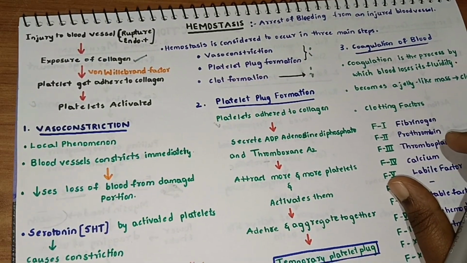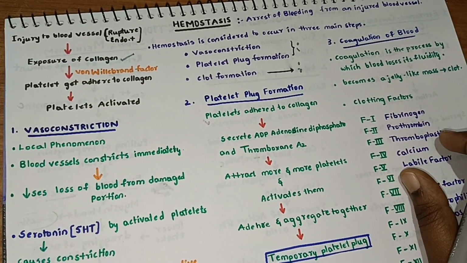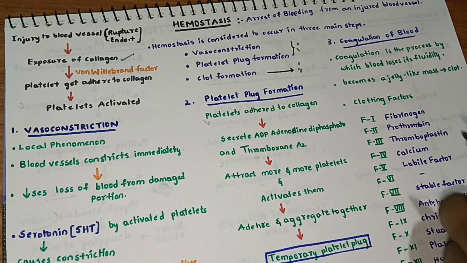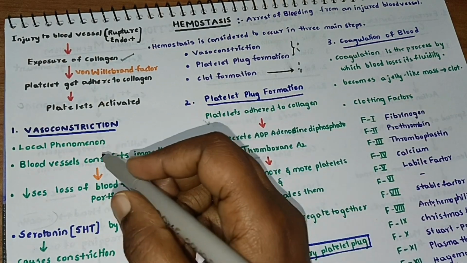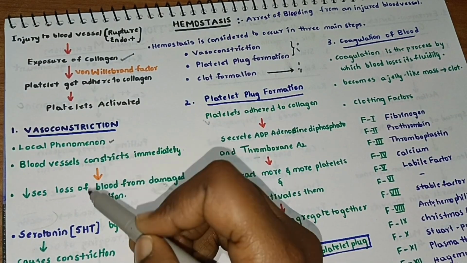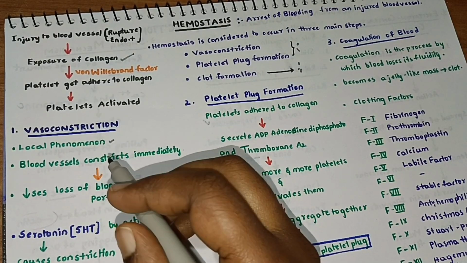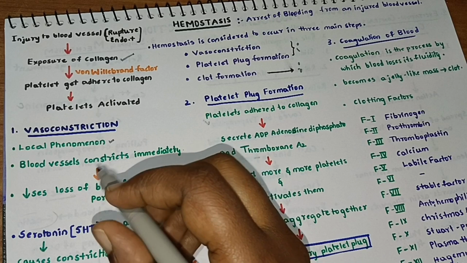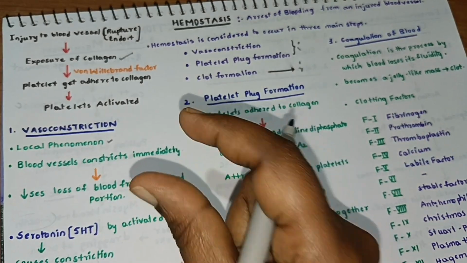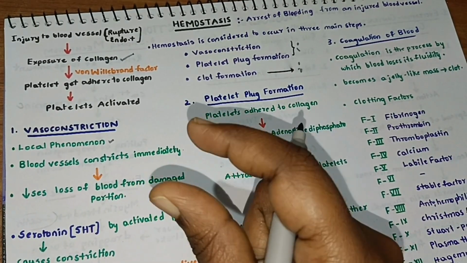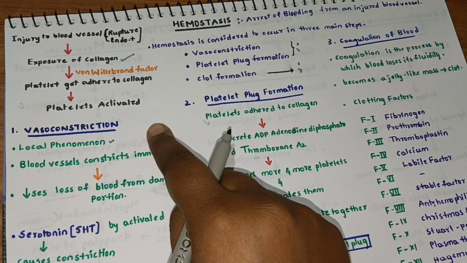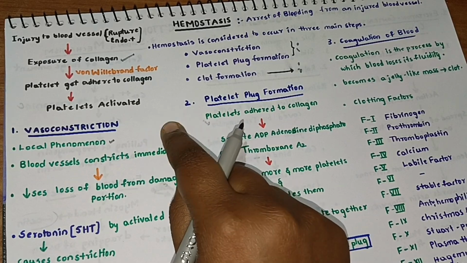Vasoconstriction. Immediately after injury to the blood vessel, the vessels get constricted. It is a local phenomenon. It doesn't involve the surrounding arteries; it involves only that particular site.